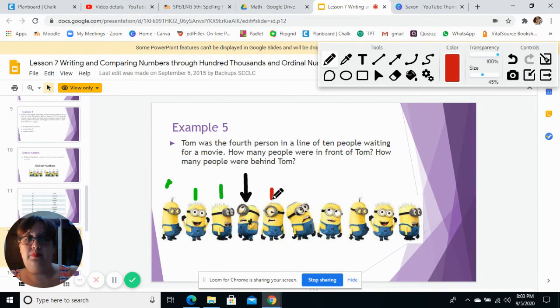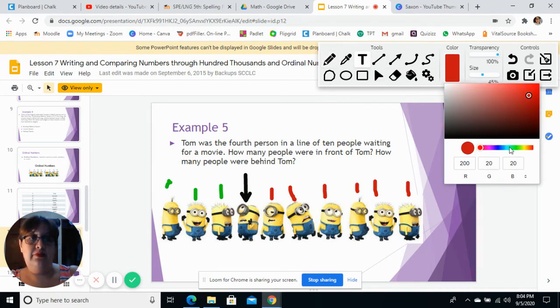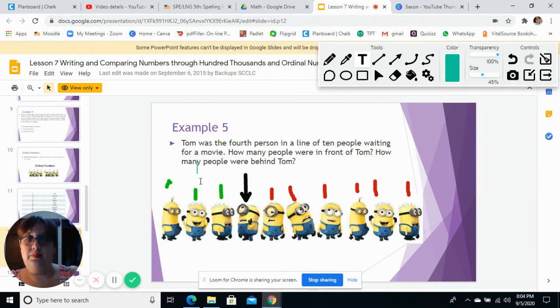1, 2, 3, 4, 5, 6. Okay, so we can see that there were 3 people in front of Tom and there were how many people behind Tom? 6.